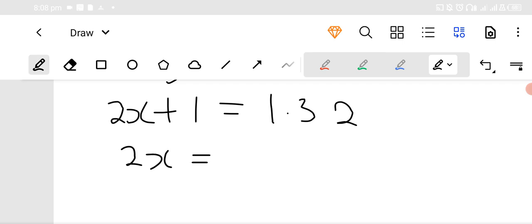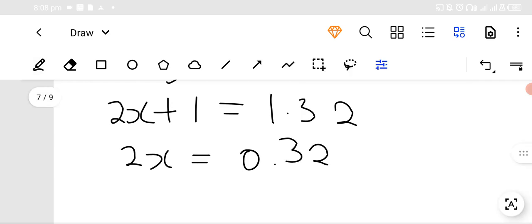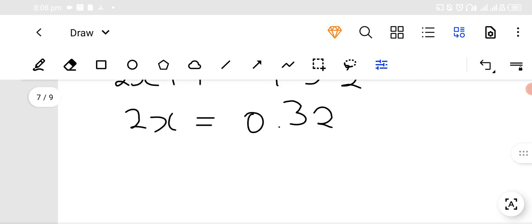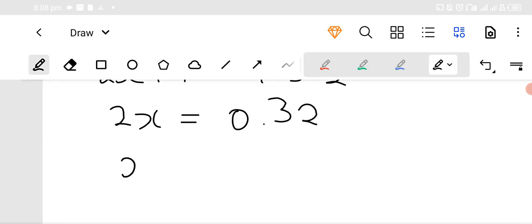Then you're going to say 2x is equal to. So now you're going to subtract a 1 from your answer. You're going to have 0.32. Of course, dividing by 2, x is equal to 0.159.